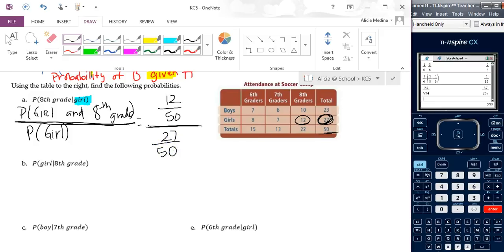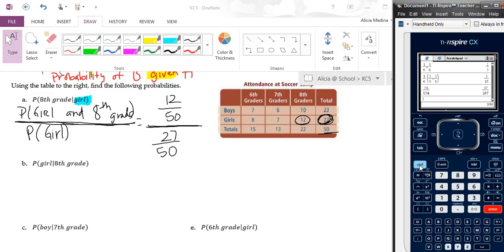Now, if you were to plug this in your calculator, you can do a double fraction. What's nice is that when you have a double fraction that has the same number in the denominator, they basically cancel each other out and become a 1.